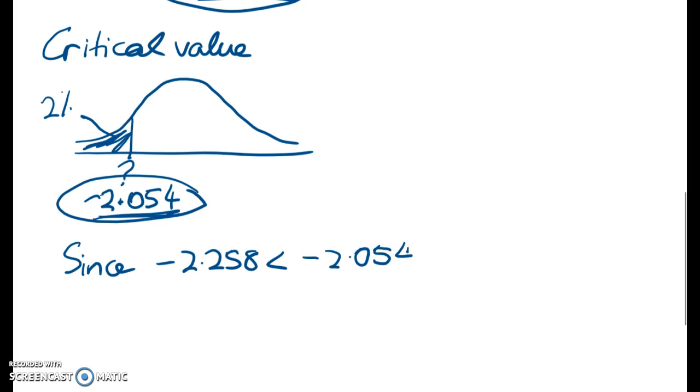And we're in what we can call the rejection region, right? So negative 2.258 is less than our critical value.